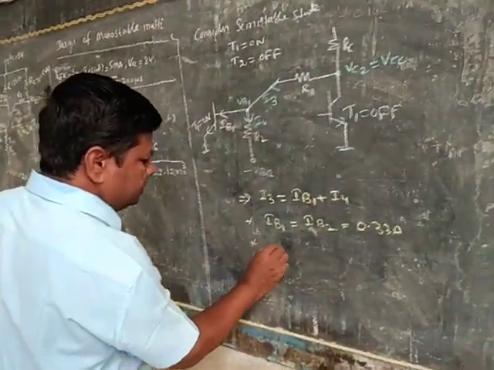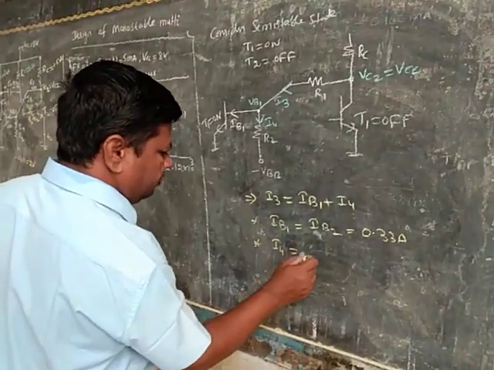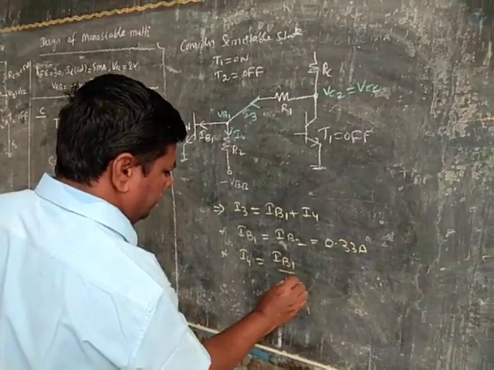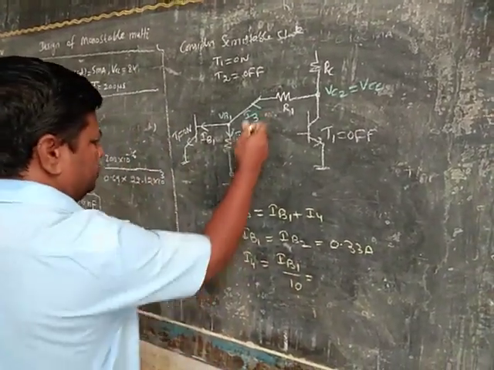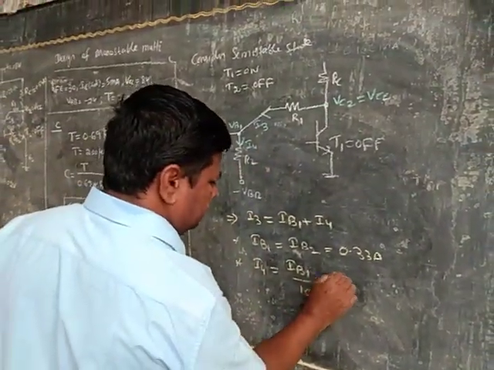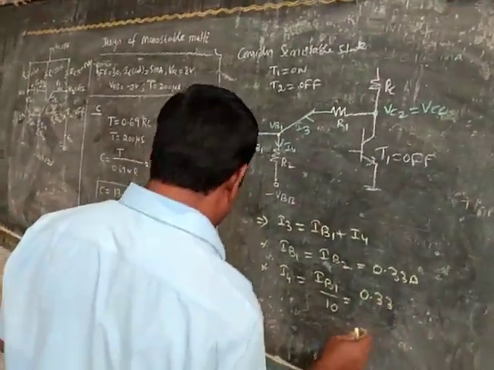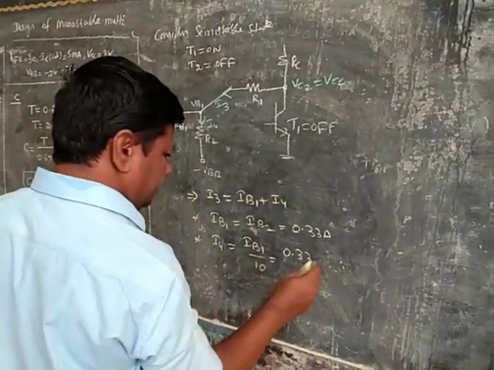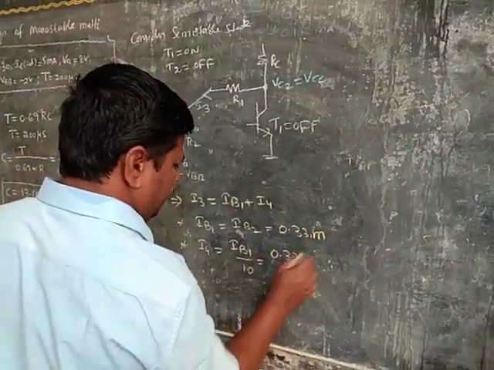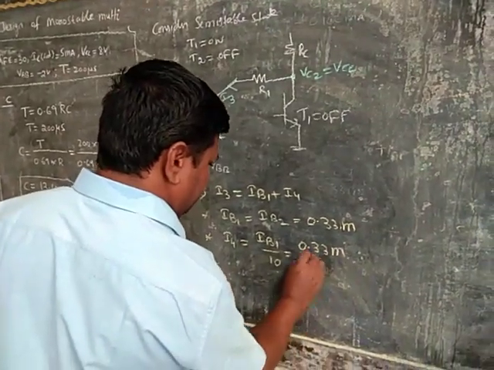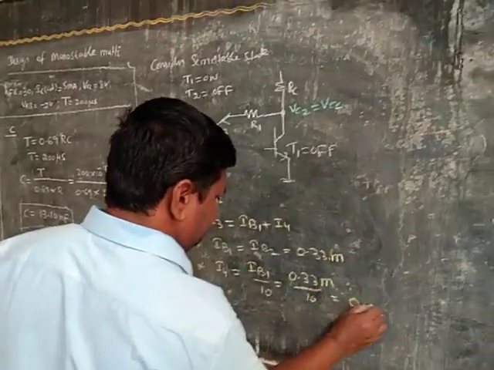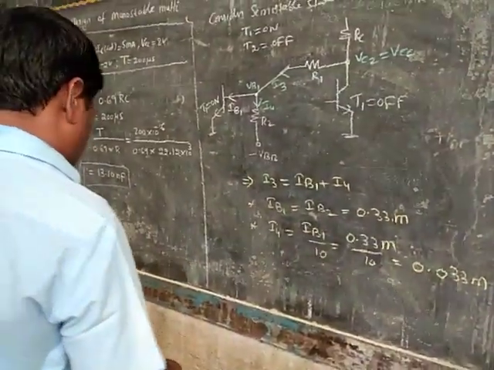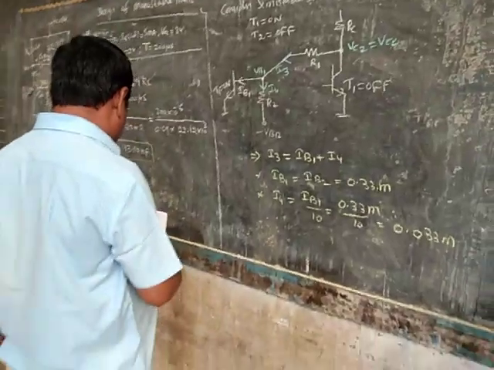And one more assumption is I4. I4 is equal to, based on thumb rule, IB1 by 10, since less current flows through this branch. Then that is equal to 0.33 milli by 10, so 0.033 milliamperes.